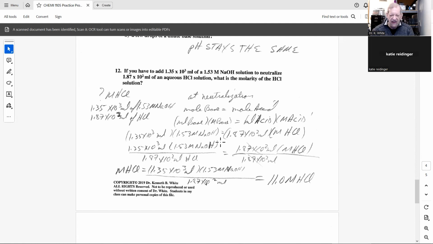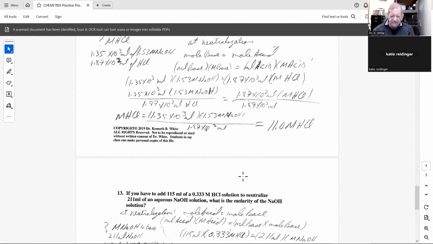And when you have a titration, you know, and this is given to you in important information, test number 4, moles of base equal moles of acid, milliliters of base times molarity of base equal milliliters of acid times molarity of acid. And you put the numbers in, you solve for the variable by dividing what you're trying to get rid of on both sides, and that's how you do it.